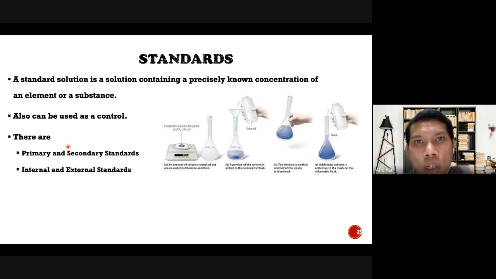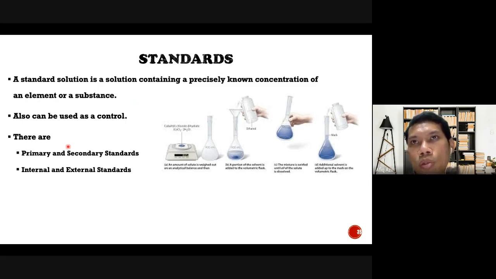Let's say you are given a formulation of chloroquine, for example. You take the tablet, pulverize it, dilute it in solvent, and run it into the HPLC machine. It'll give you probably 3 peaks, but which peak can be identified as chloroquine? You cannot just say, oh, the second peak.